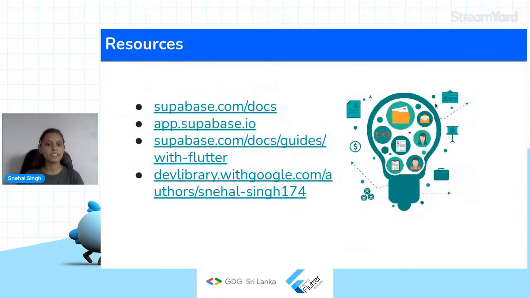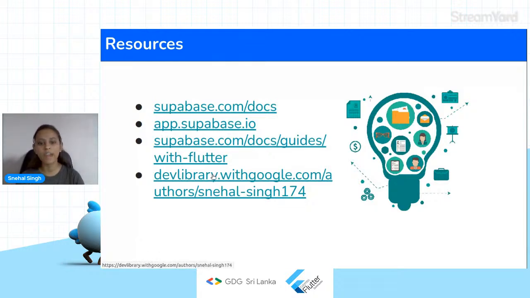Now, these are the resources that you can use for implementing Supabase for a Flutter application. You can go to their documentation. You can use app.supabase.io for creating a Supabase project and directly integrate it with your application. You can also refer to this quick start guide which I have used for this session.